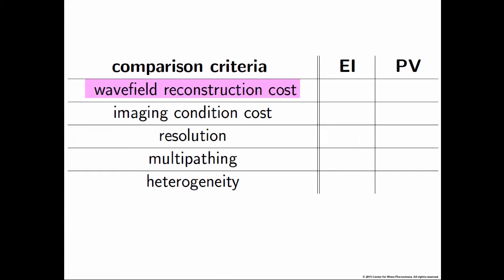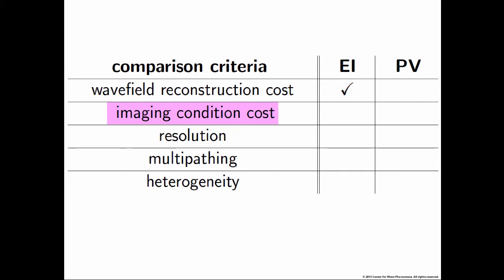The wavefield reconstruction step is the same for the two methods, except that for the Poynting vector calculation we also require computing the velocities to obtain the Poynting vector direction. So the cost is going to be cheaper for the extended imaging method, as indicated by the check mark.